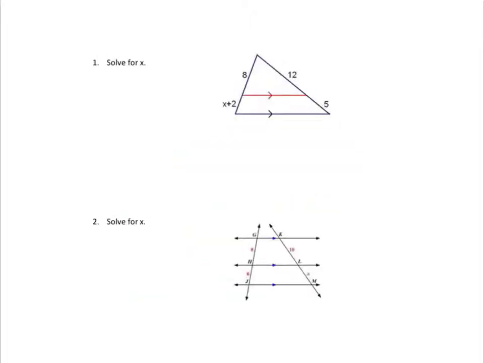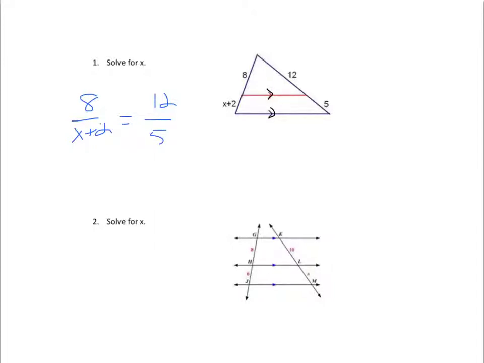A couple examples. We're just going to be solving for x with each of these examples. Because we have these triangles and we've got the parallel lines already labeled, that means we can set up our proportion. So we'll set up the proportion 8 over x plus 2 equals 12 over 5 by using the triangle proportionality theorem.